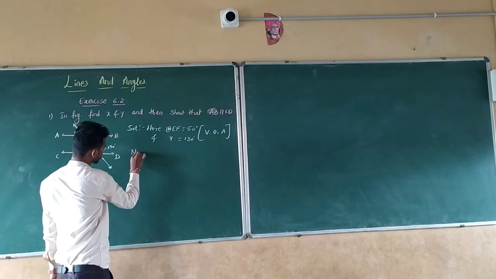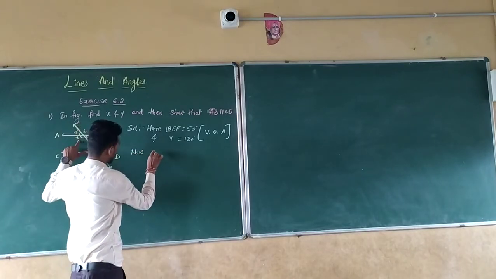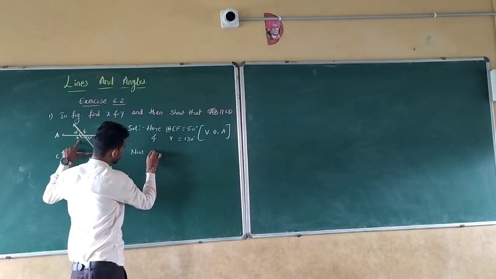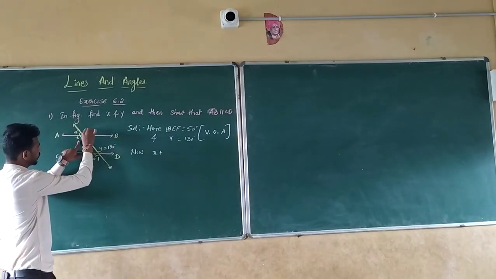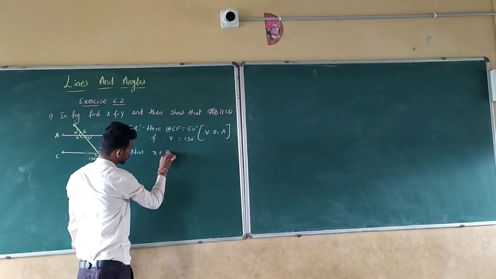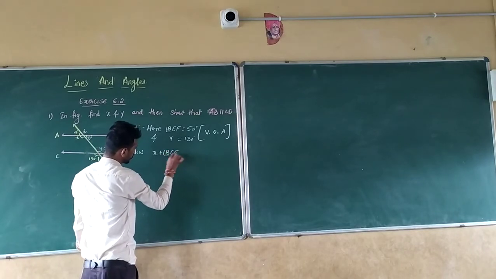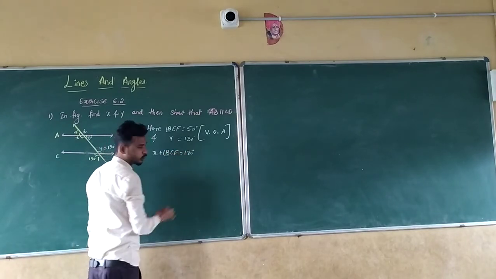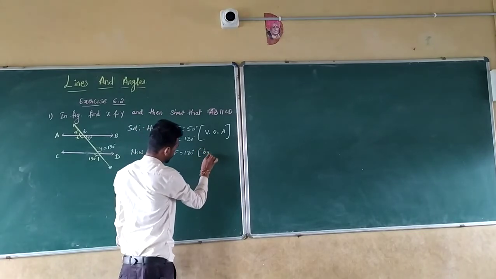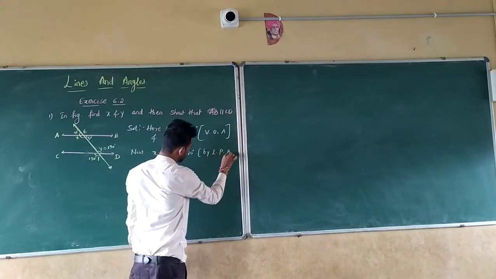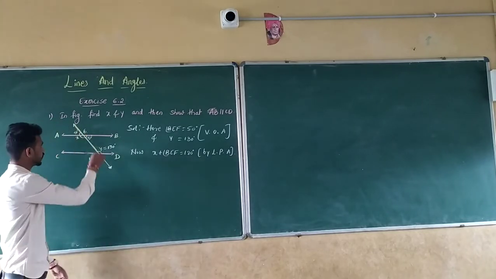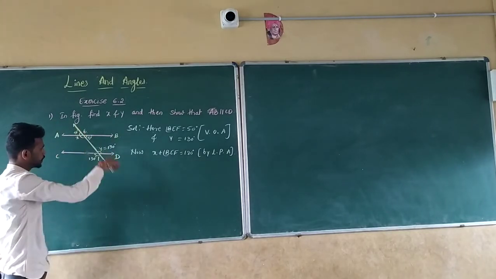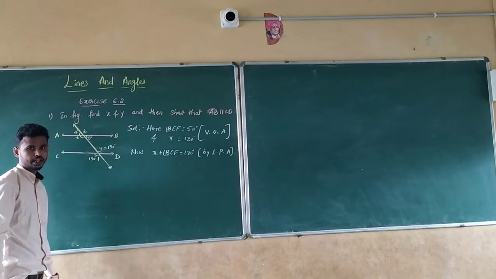Now angle x plus angle BEF is equal to 180 degrees by the linear pair axiom. So AB is a line and EF is a ray. A ray stands on a line.